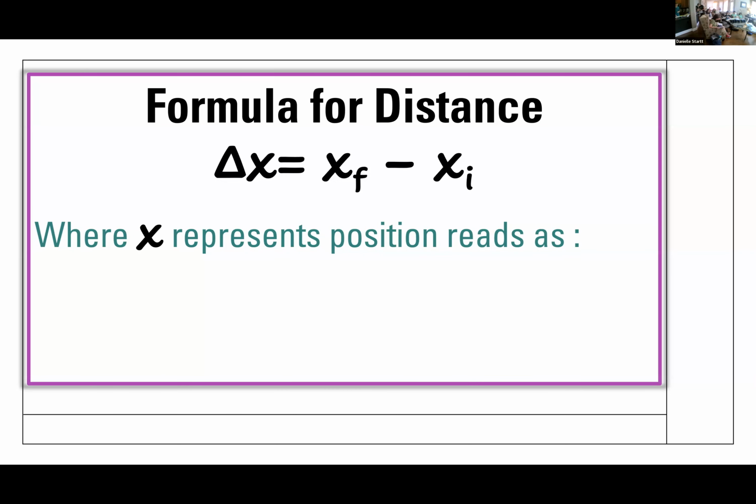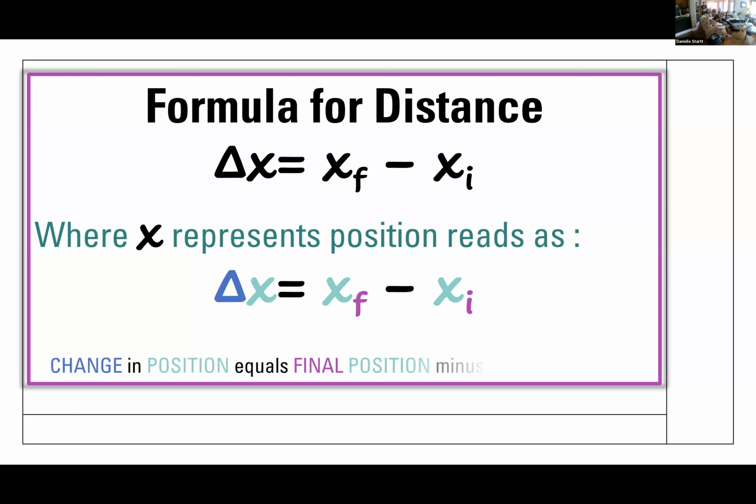All right, let me do it this way. Say I wanted to walk from here to Milo, and I measured it and it's 15 feet. If this is 0 and that's 15, Drew, do you want to take a stab? Velocity. Not velocity, so I'm going to help you out. It's going to read like this: change in position equals final position minus initial position.